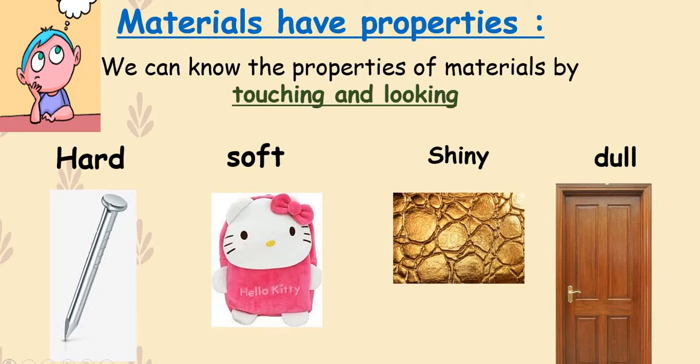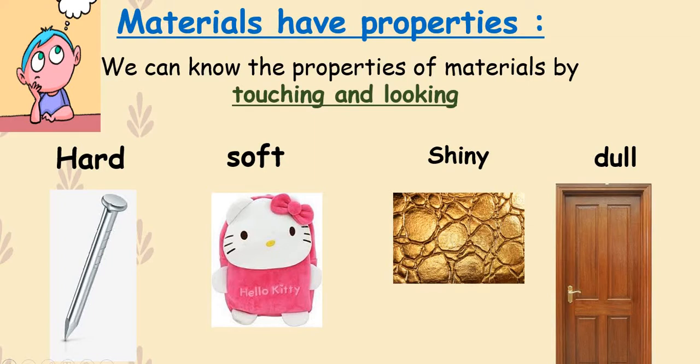Okay. Everything around us has properties. Many properties, okay? To describe it. Any object around us has properties to describe it. So we can know the properties of a material by touching or looking, or both.